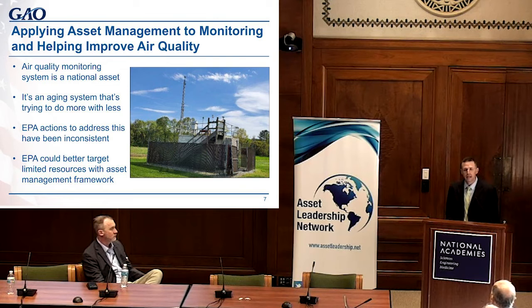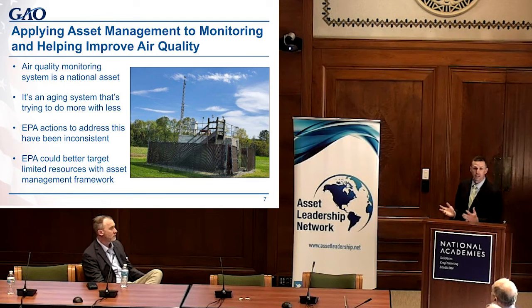We took a look at what EPA was doing. We found they were doing some good asset management processes in regions of the country. They would do things like collect data from the states and localities on the condition and the age of these various monitoring sites to figure out where the priorities were for investment or for focus. But they didn't do that consistently. Other practices, again, you'd find in one region, but not nationwide.